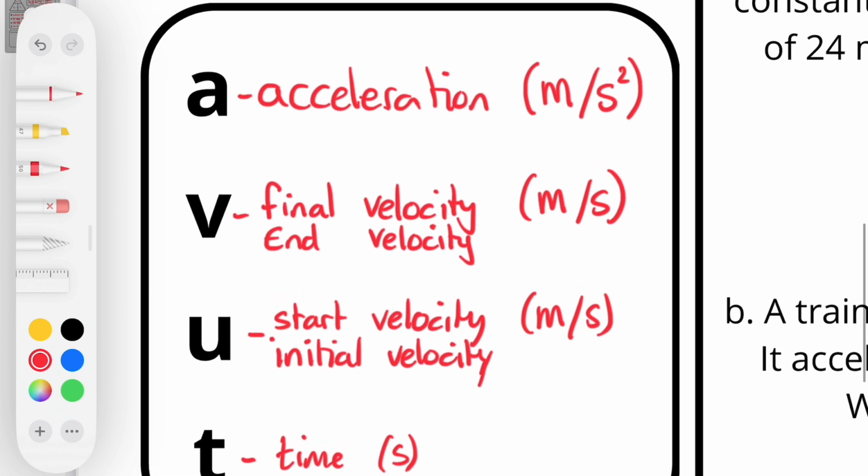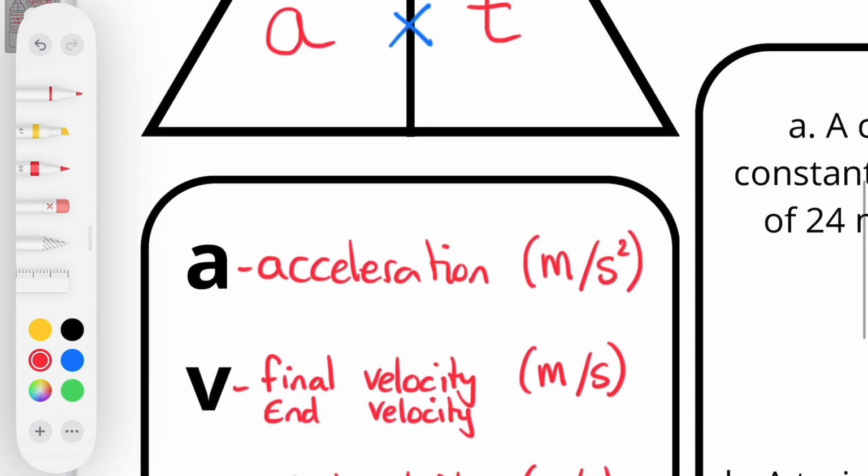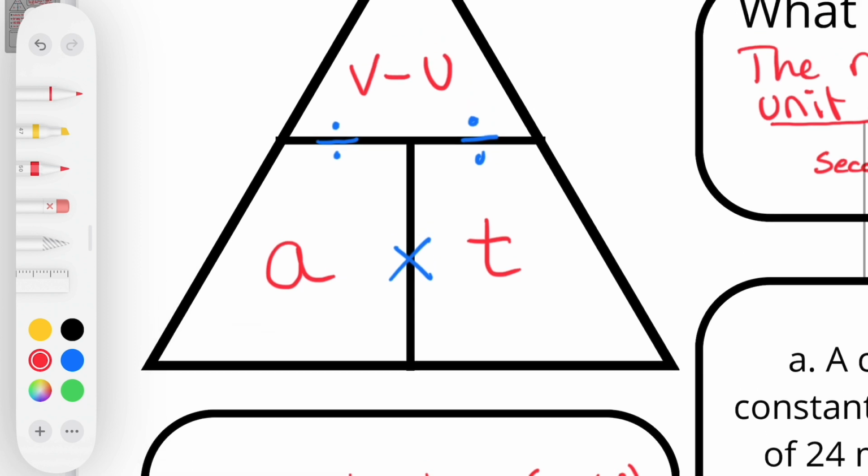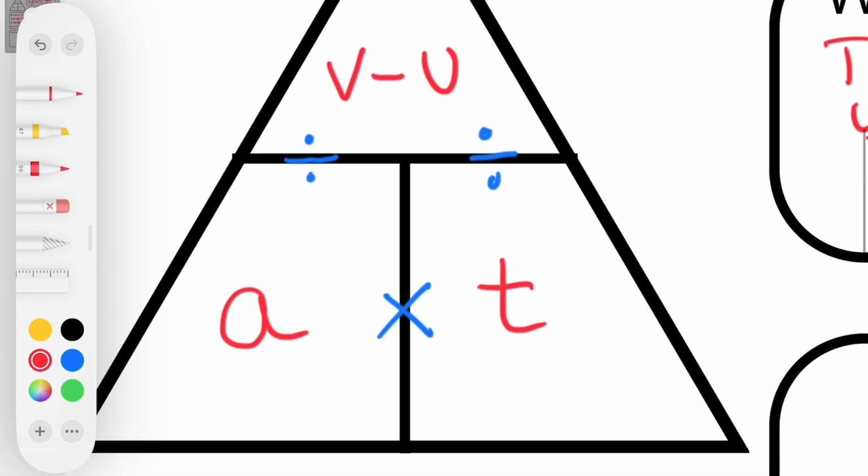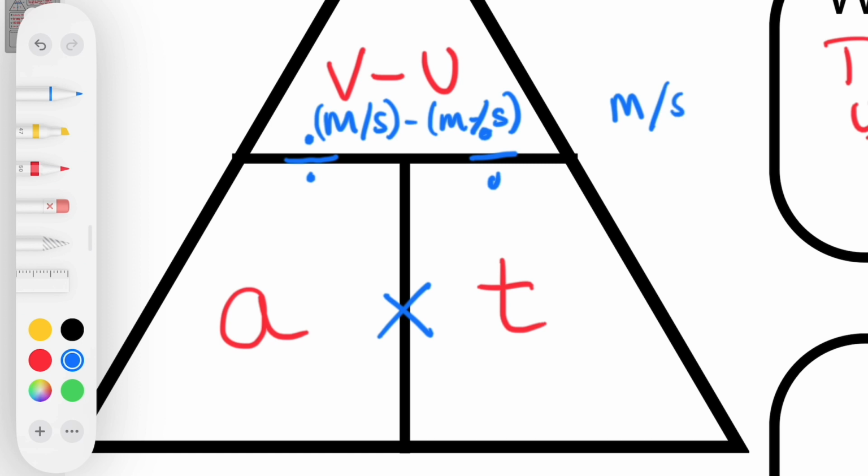Now, talk about these units here. If we just go back to our equation up the top, if we've got meters per second minus meters per second, still just going to have meters per second up here. Okay. And sorry, in this case, we're trying to find our acceleration unit. Now we've got divide by, and here we've just got seconds.